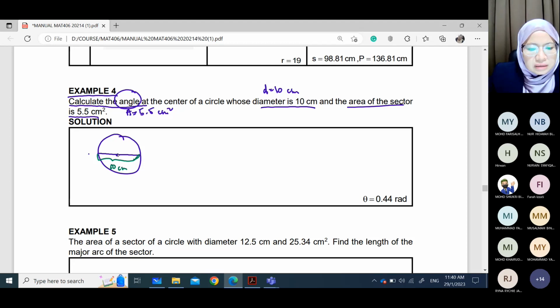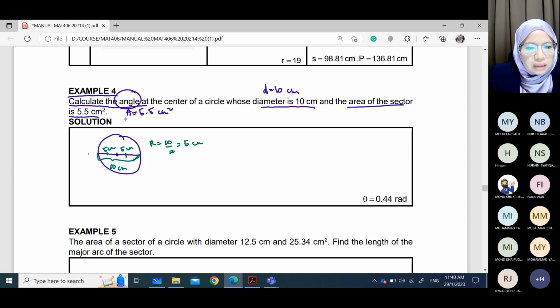Jadi radius dia adalah bahagi dua. Kiri dan kanan sama. Jadi radius dia sama juga dengan 10 over 2. So the radius is 5 cm. So maknanya sini 5 cm, sini pun 5 cm.